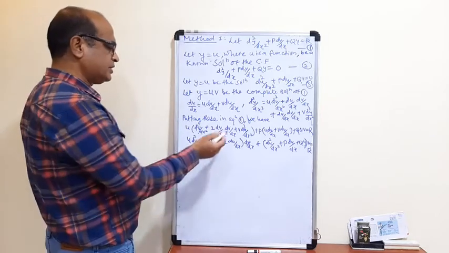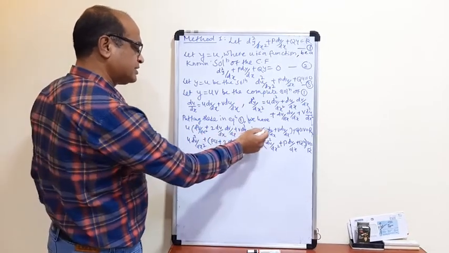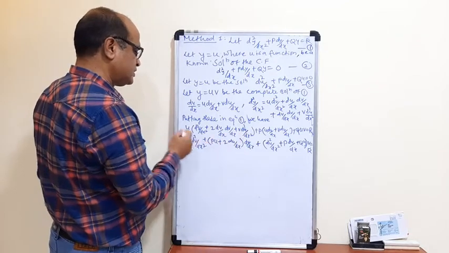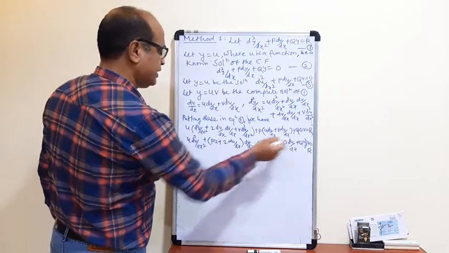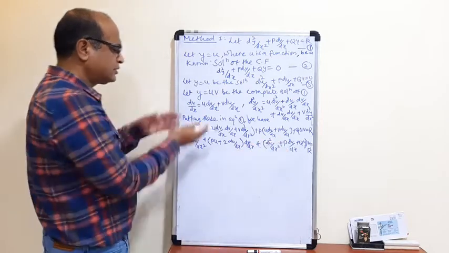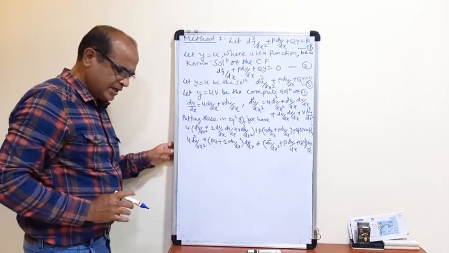So this is what we have taken here: pu into something, and the coefficient of v is this, equal to r. So simply this equation can be taken in this form. This is very simple.